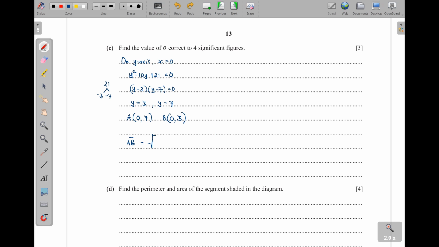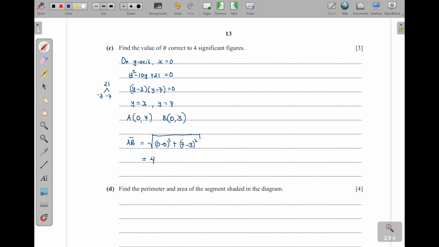Or you can do it like this and say 0 minus 0 squared, the change in x squared, then plus the change in y squared, 7 minus 3, then squared. Of course, now this one is a 0. Now this square root here is going to cancel with this square here. So your answer still becomes a what? A 4.